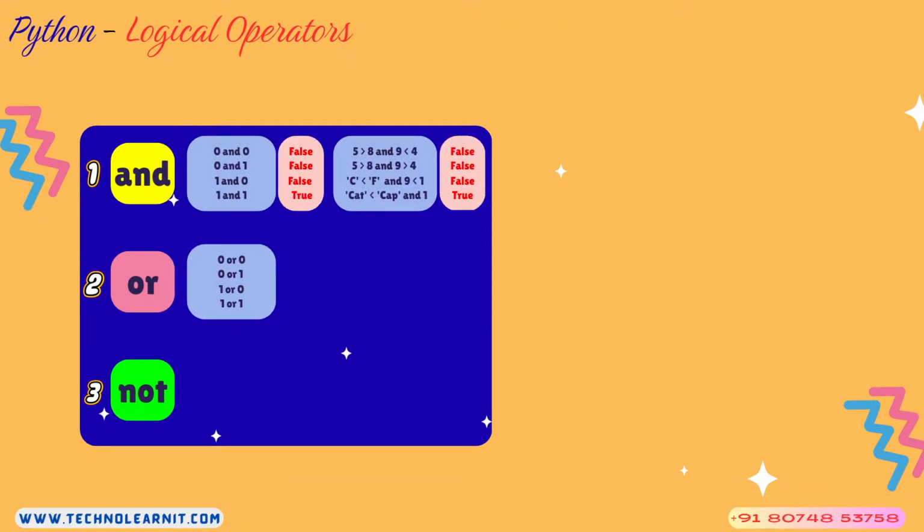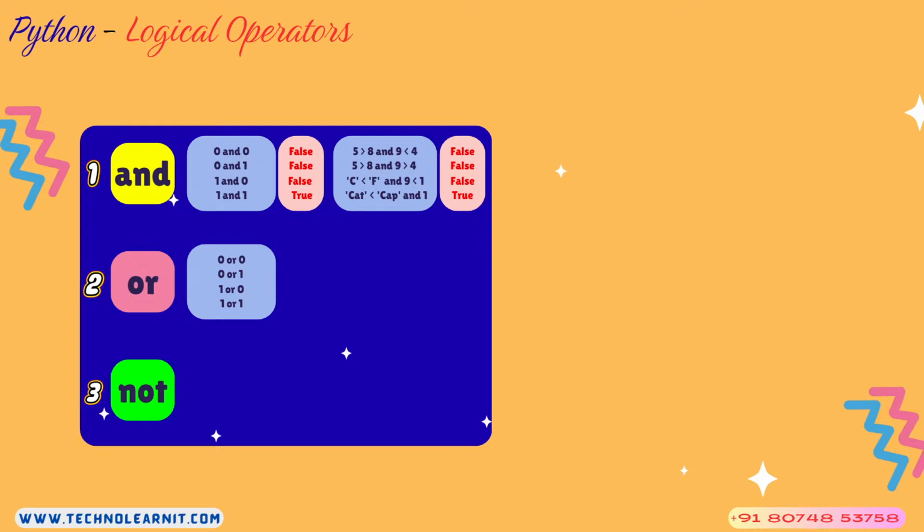The next logical operator is OR. OR is another logical operator. Again, it is a Boolean operator. Instead of using AND, we just need to use OR.